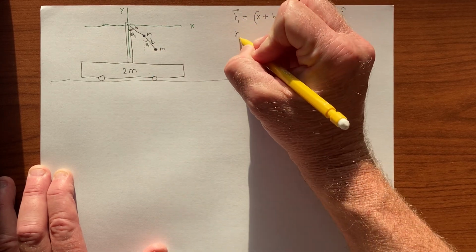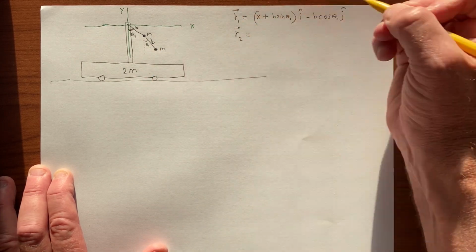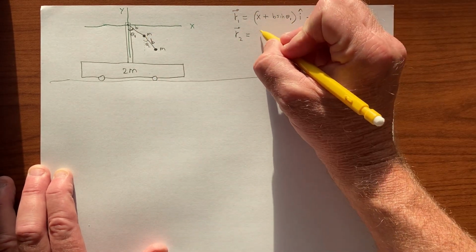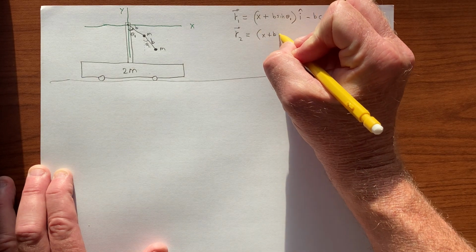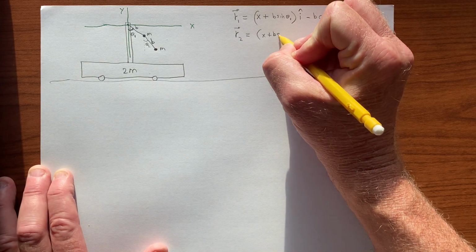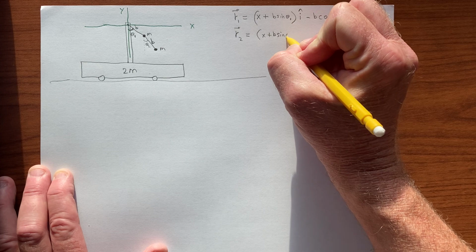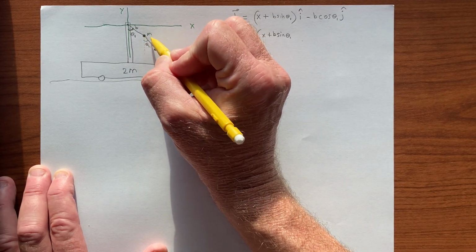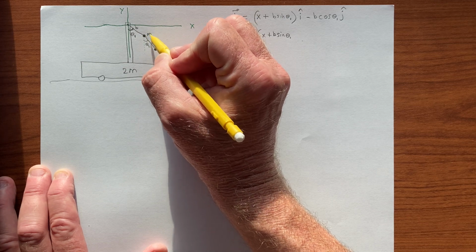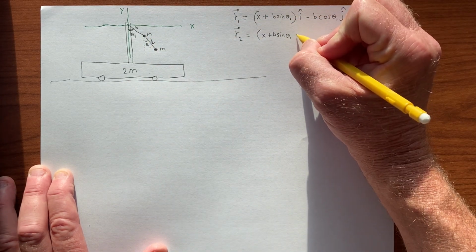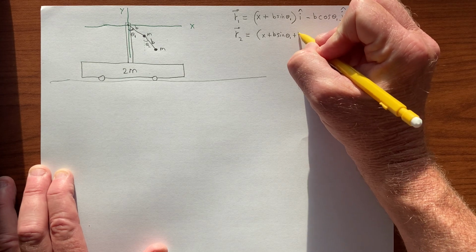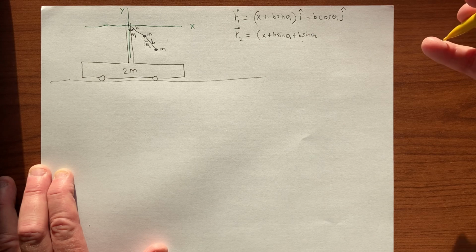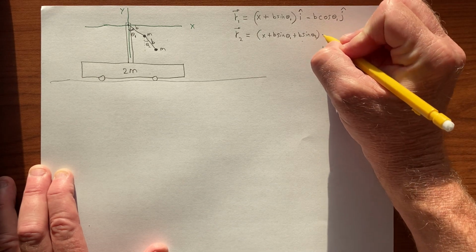This object has a position R2, which is attached to that one. So we have the x value of the object labeled 1, plus the same thing here, we have to add its x part, plus b sine of the other angle, sine of theta 2. And that's the x component.